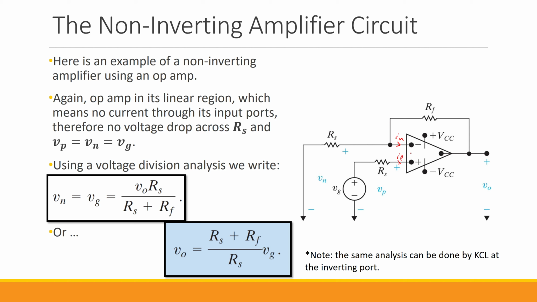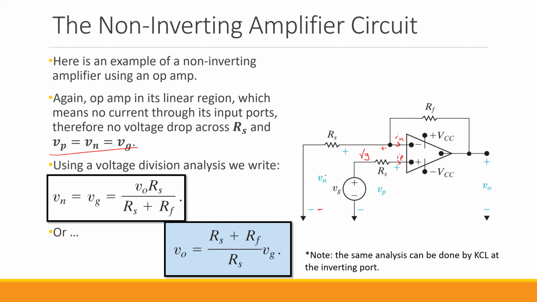So based on Ip being 0, we know that Vg equals Vp. So this is the conclusion that we can use. Now that we know Vp equals Vg, that means Vn also equals Vg. So basically the voltage between this point and the negative sign here is Vg.